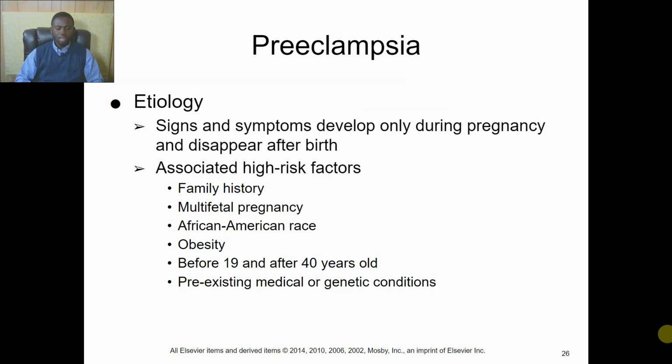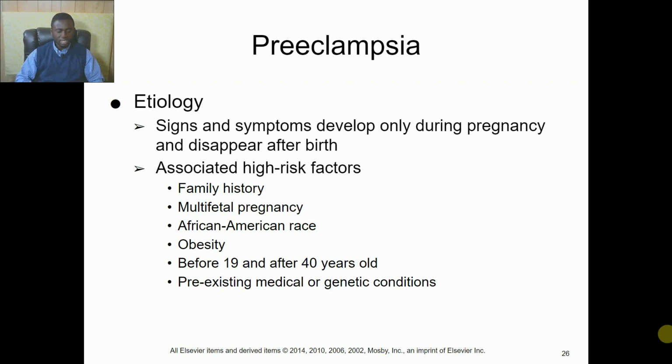So we have talked about the signs and symptoms of preeclampsia, and these signs and symptoms only develop during pregnancy. Risk factors for preeclampsia include family history. So if the client's mother had preeclampsia, then they are likely to also have preeclampsia.